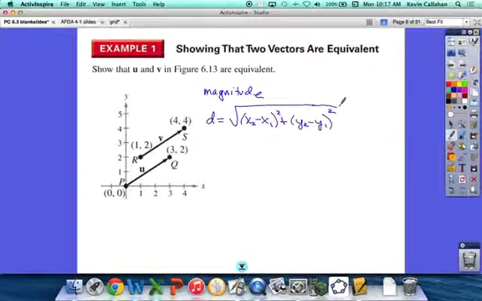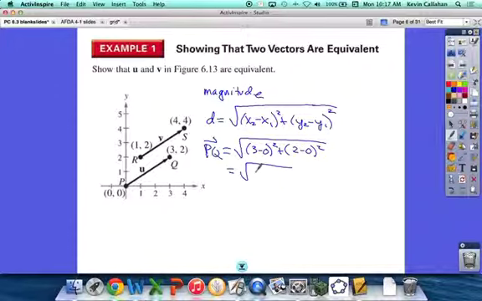For PQ, let's do PQ first. It's going to be 3 minus 0 squared plus 2 minus 0 squared, which is the square root of 9 plus 4, the square root of 13.